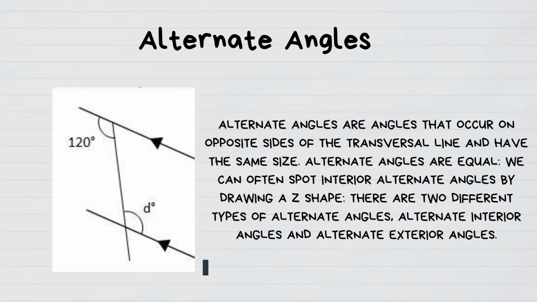We can often spot interior alternate angles by drawing a Z shape, which the example has been shown here. There are two different types of alternate angle. The first one is the alternate interior angle, and the second one is the alternate exterior angle.